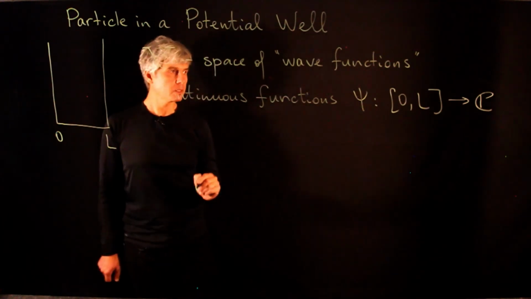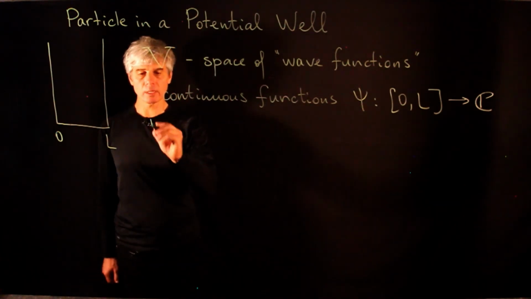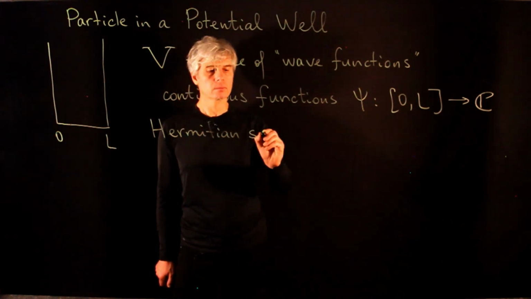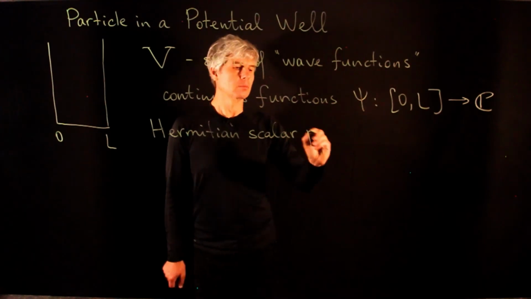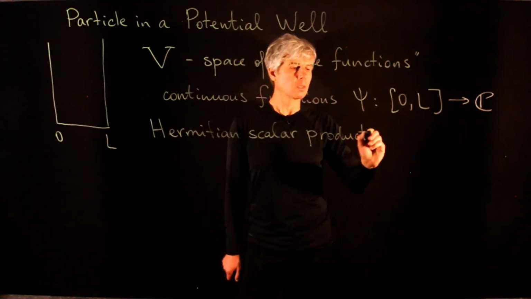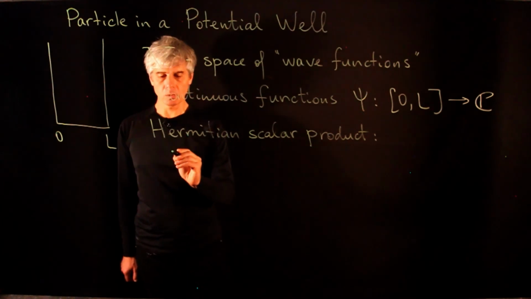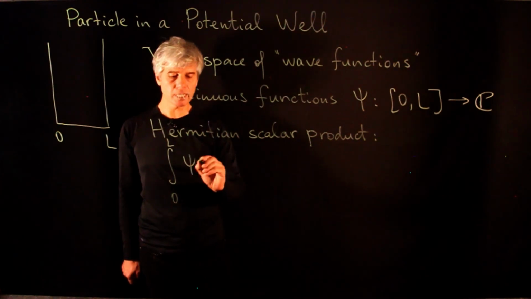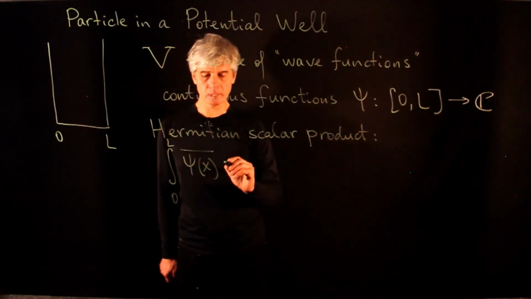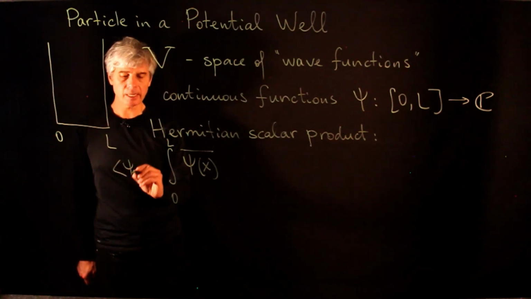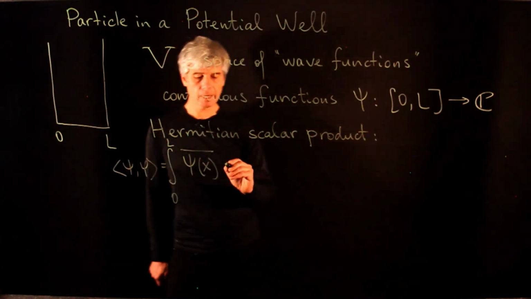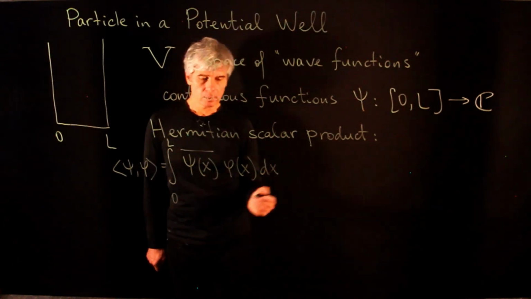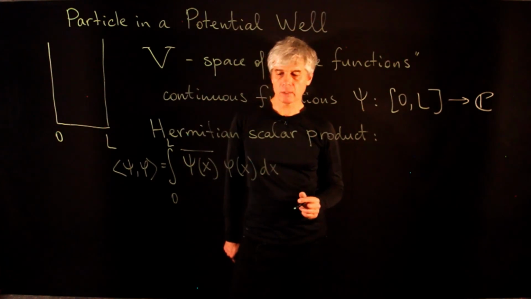And here we will use the Hermitian scalar product, which is the integral from 0 to L of psi of x times phi of x dx. So this is the Hermitian scalar product on this space.